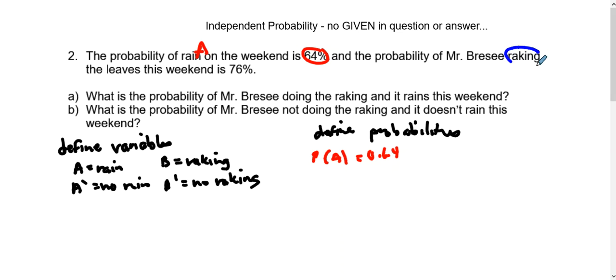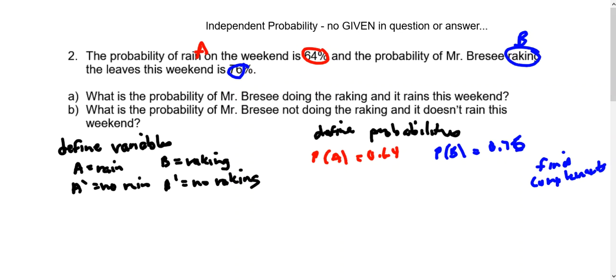Probability of raking is 76. Well, that's B. All right, and make sure you find your complements as well. All right, so A prime is 36 and B prime is 24.